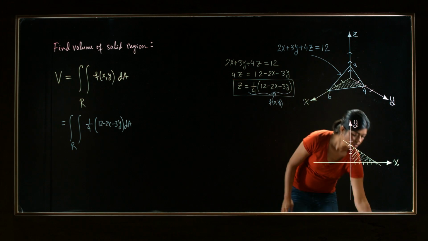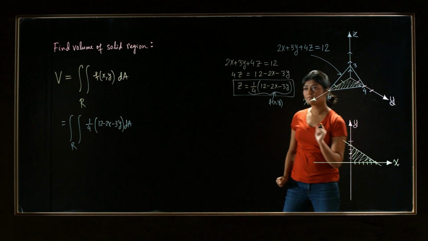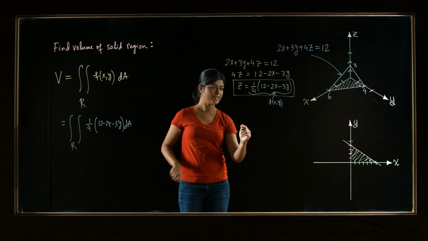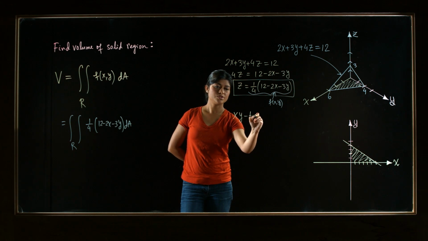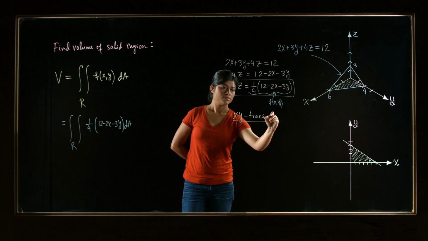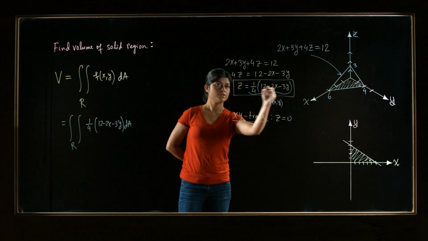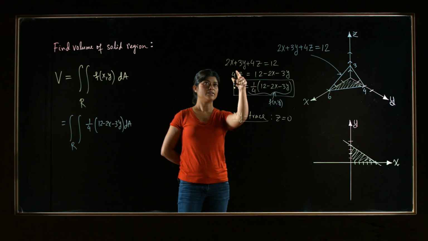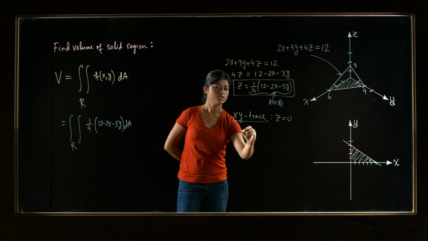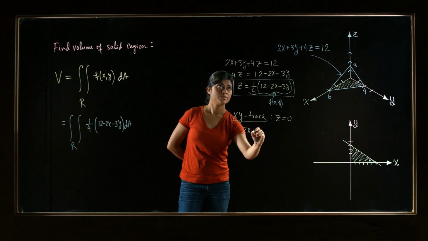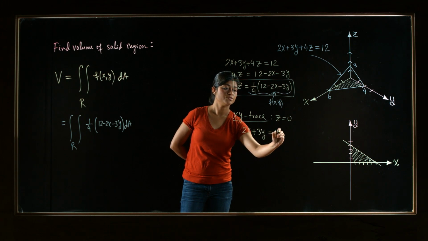All right. Now, how do we figure out the equation of the line? It is the xy trace, so we set z equals 0. We set z equals 0 in the equation, and you can actually consider the very top equation. If you plug in z equals 0, you will get 2x plus 3y is equal to 12.